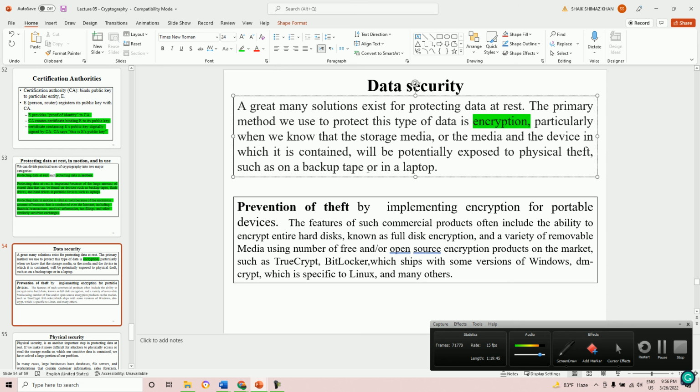Example, the teacher has exam papers, question papers. If they miss the laptop or the hard disk, okay, big issue, right? Similarly, a lot of sensitive data are there. So to protect such kind of critical data, the best solution is to go for encryption.